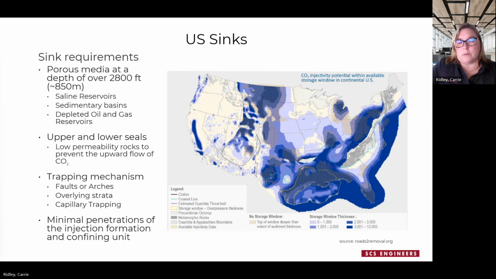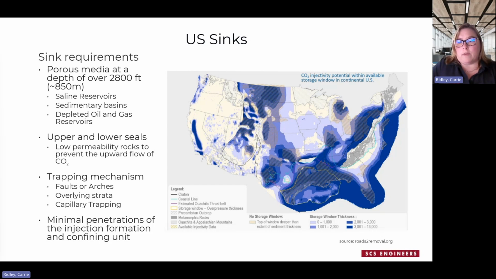Because sequestration requires CO2 to be stored at a supercritical capacity, it needs to be buried at a significant depth, usually at least 3,000 feet. So much of the country qualifies based on this map.